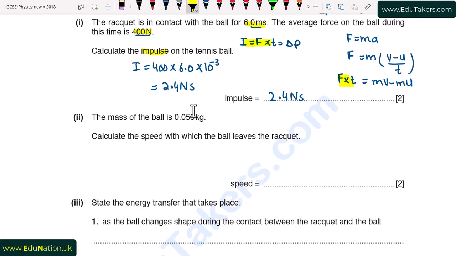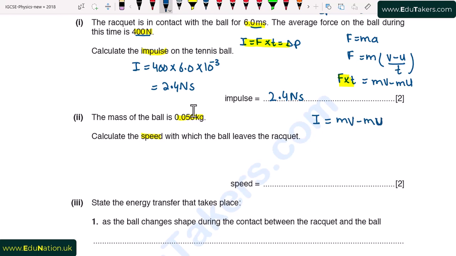Part 2. The mass of the ball is 0.056 kilogram. Calculate the speed with which the ball leaves the racket. Here we have to find out the speed with which the ball leaves the racket. So again using this formula that impulse is equal to the change in momentum. So I write here impulse is equal to change in momentum.